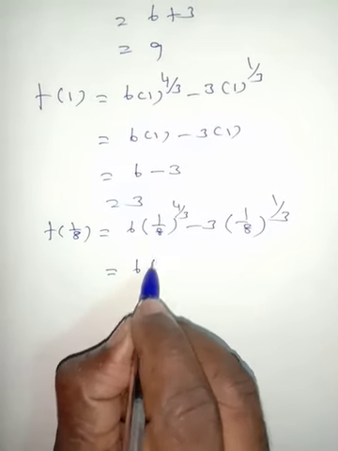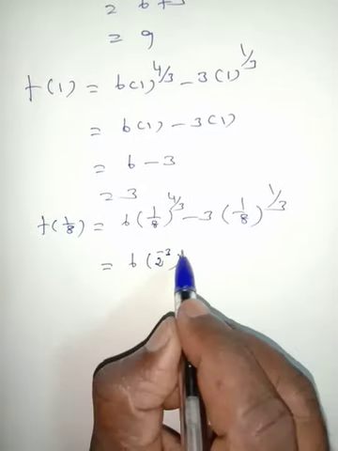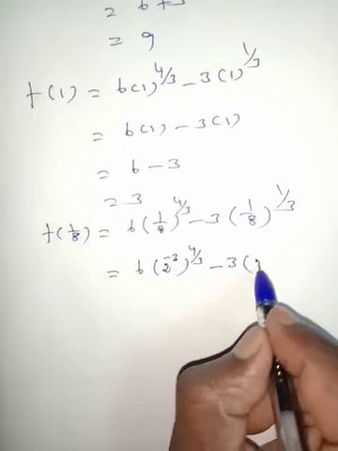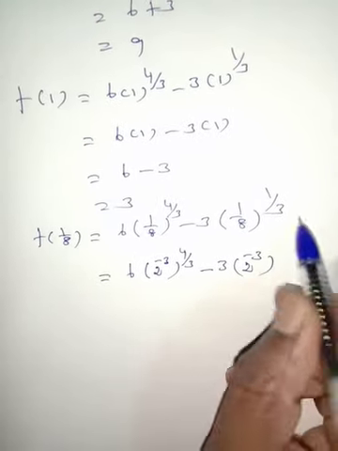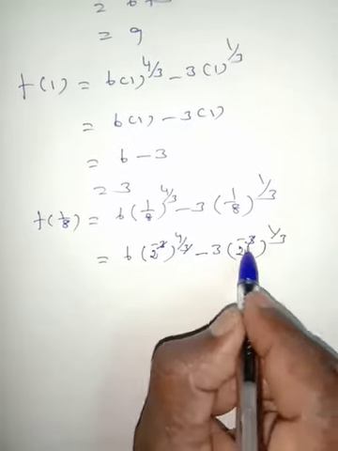Now (2 to the power of minus 3) whole to the power of 4 by 3 minus 3 into (2 to the power of minus 3) whole to the power of 1 by 3. Now this and this are cancelled, this and this are cancelled.